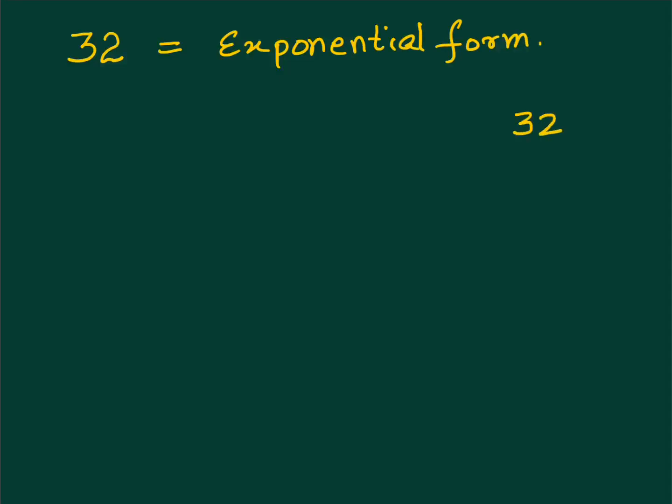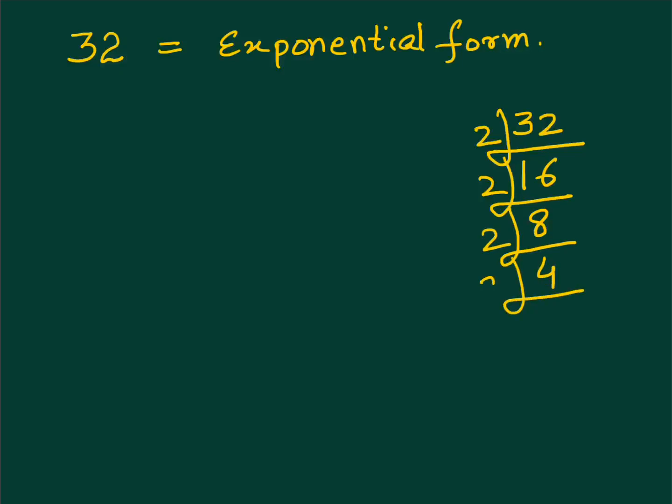Yes, you start factorizing it. 32 factors: 2 times 16, 2 times 8 is 16, 2 times 4 is 8, 2 times 2 is 4, right? So 32 is 2 to the power of 5, right?